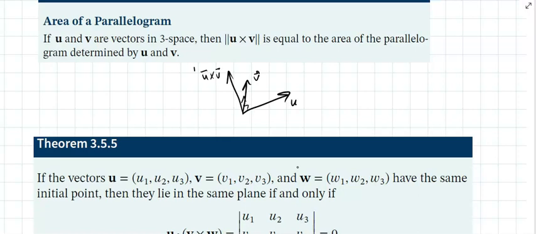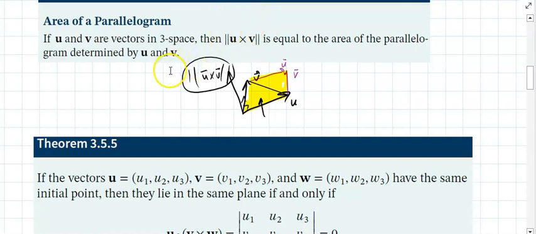And not only that, the magnitude of that will equal the area of the parallelogram that they engulf. So if you ever wanted to find the area of the triangle between those, you just take half of the parallelogram, or half the magnitude of the cross product.